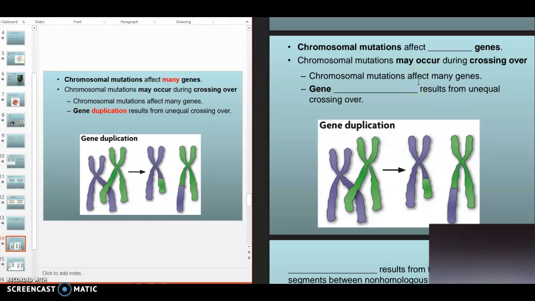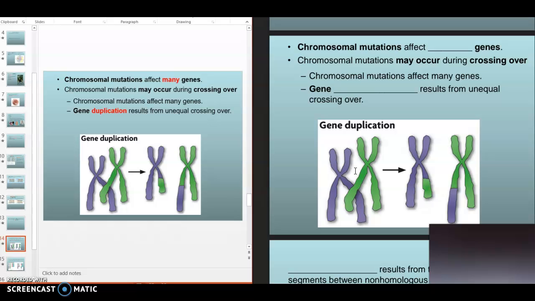It does talk about chromosomal mutations may occur during crossing over. And again, crossing over is where you have one chromosome from mom, one chromosome from dad, and they're the same chromosome. So for humans, we have 23 of these pairs, and they actually number them off 1, 2, 3, 4, 5, 6.